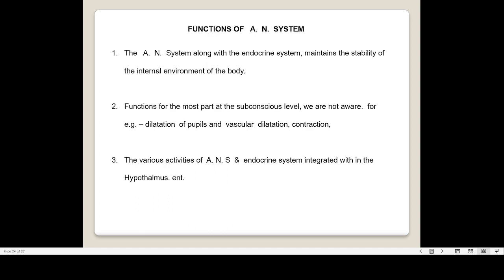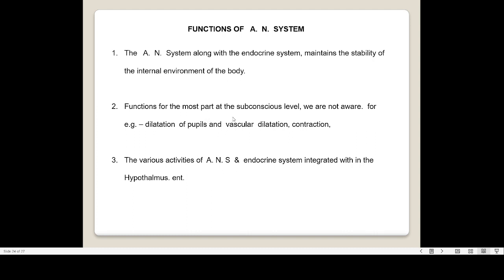Then coming to the functions of the autonomic nervous system. The autonomic nervous system along with the endocrine system maintains the stability of the internal environment of the body.